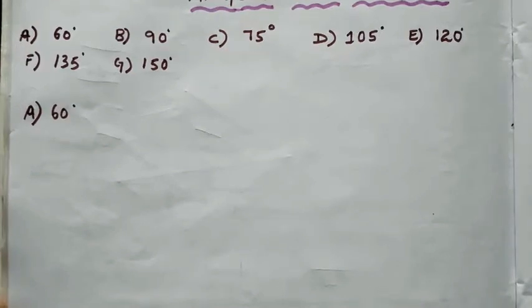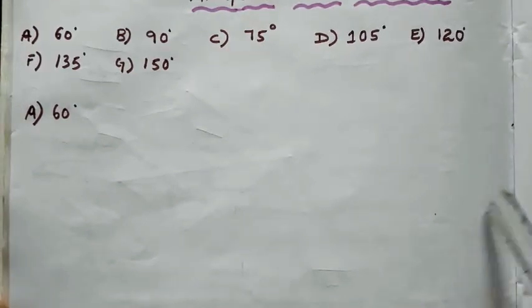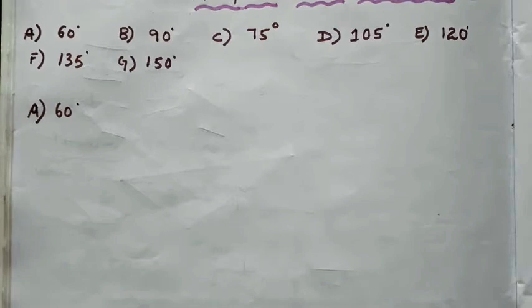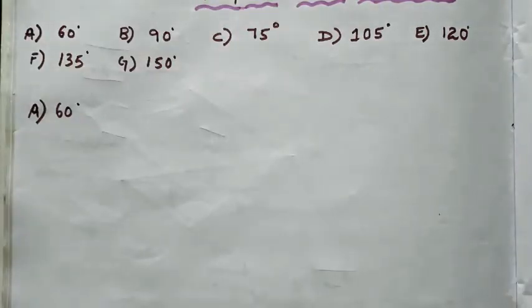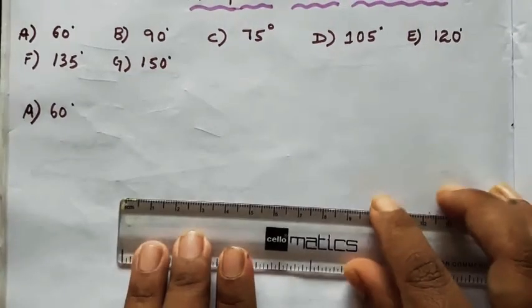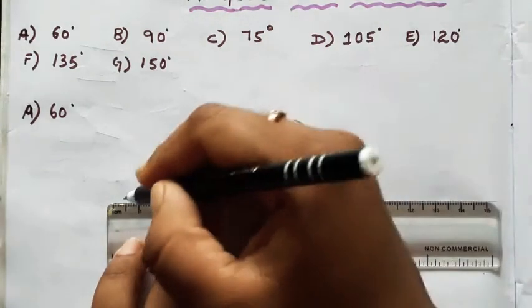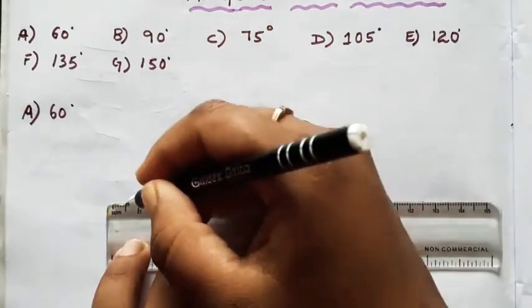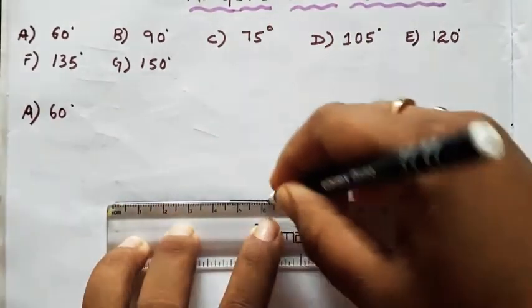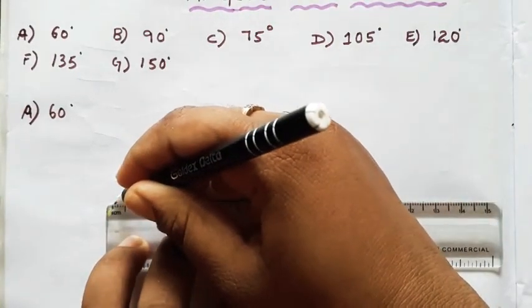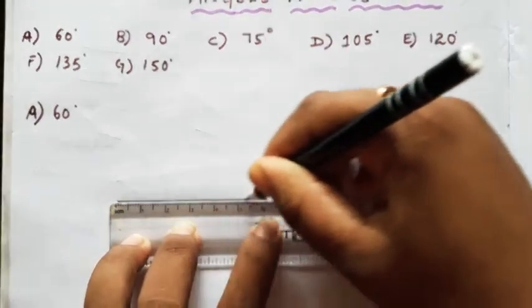Before starting the construction, make sure that you are ready with your scale, that is called a ruler also, and the compass ready with its pencil. First of all we will draw a base line.